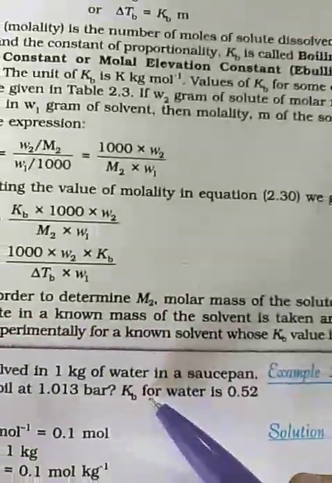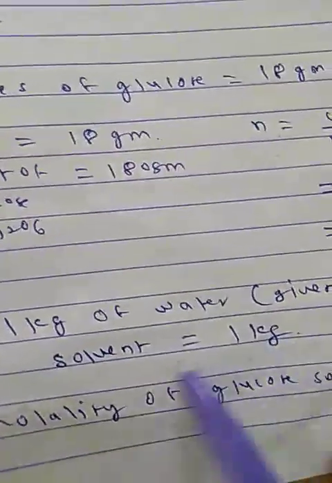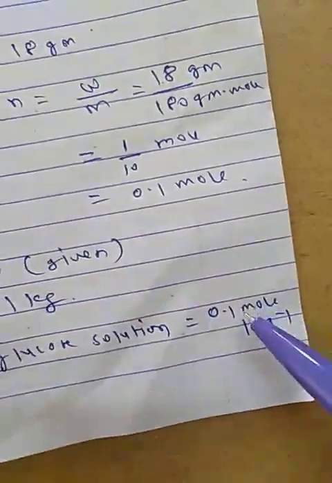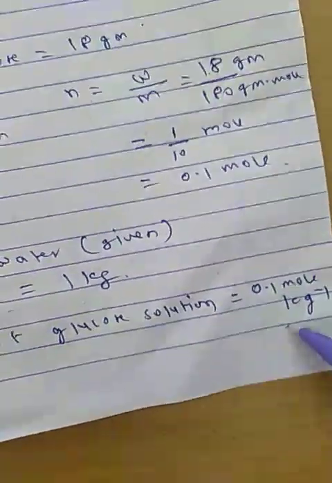Now it is dissolved in 1 kilogram of water in a saucepan. Means 1 kilogram of water, the solvent, is given. So molality of glucose solution is equal to 0.1 mole per kilogram. Now what we have to find?